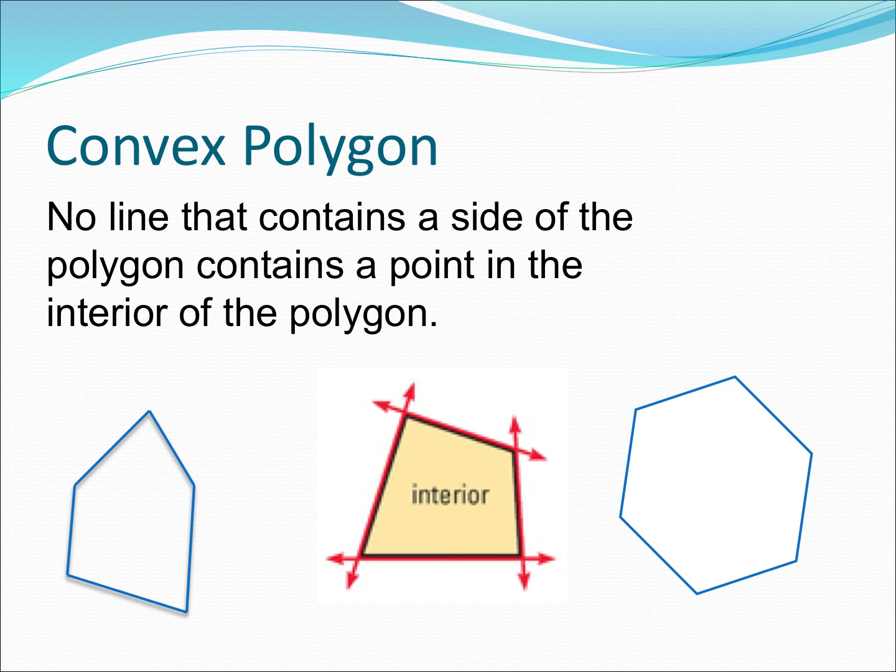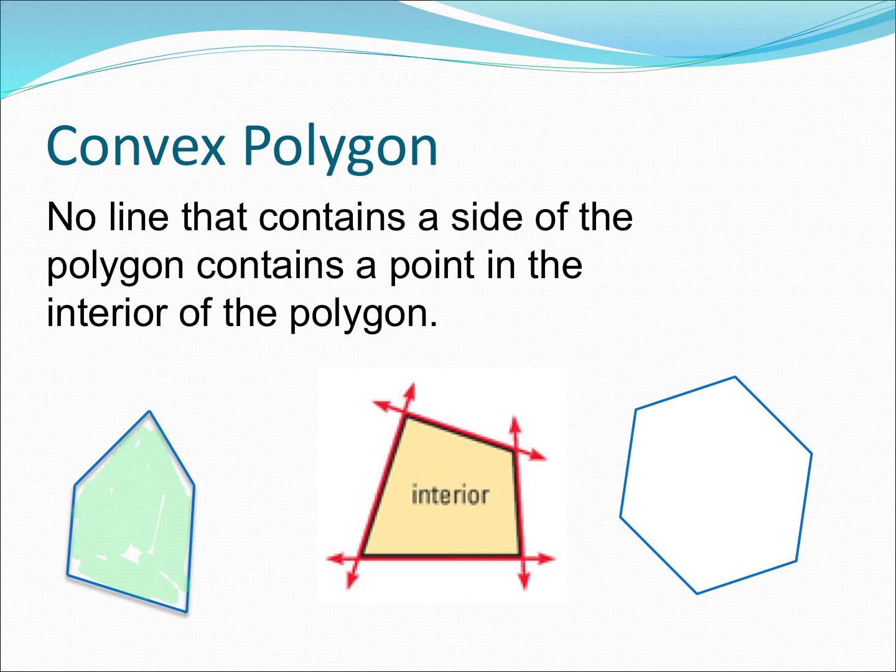Definition of a convex polygon. And what this states is that no line that contains the side of a polygon contains a point in the interior of a polygon. So what this sentence means is this is the interior or the inside of this polygon.